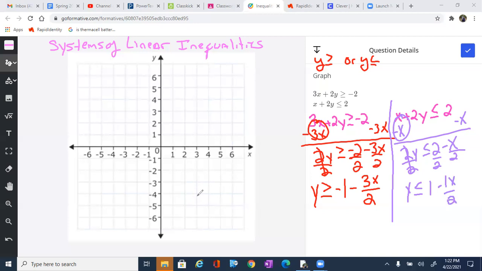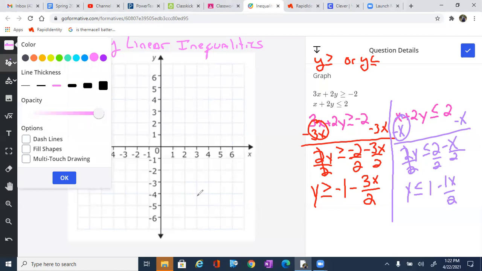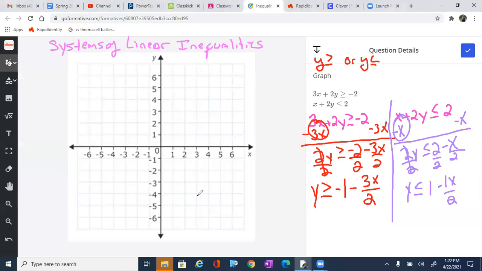Now, let's go ahead and graph these lines. The way we graph these lines is we are always going to start with our y-intercept. So let's graph this first one that is in red right here. That has a slope of negative 3 over 2.